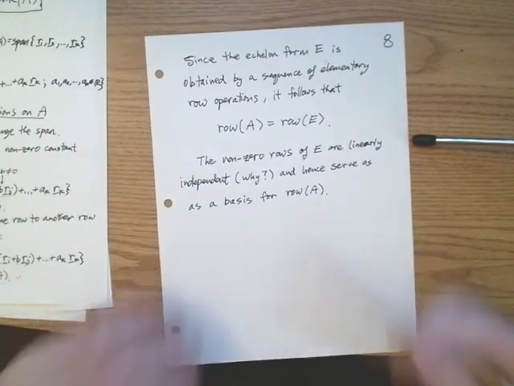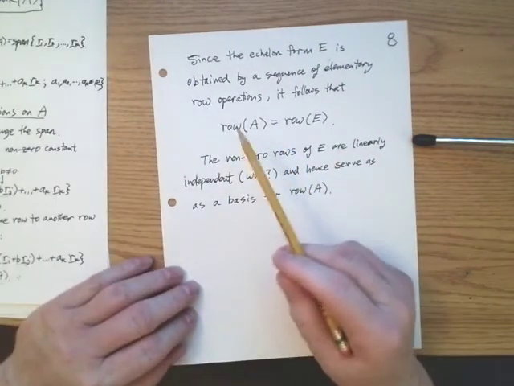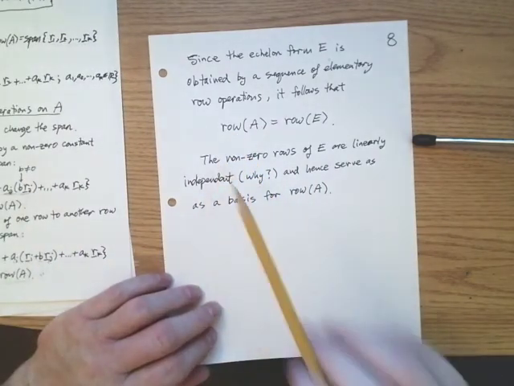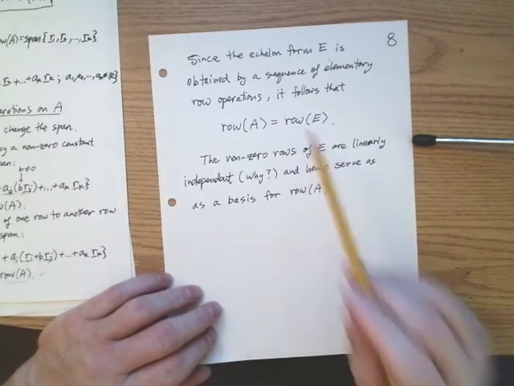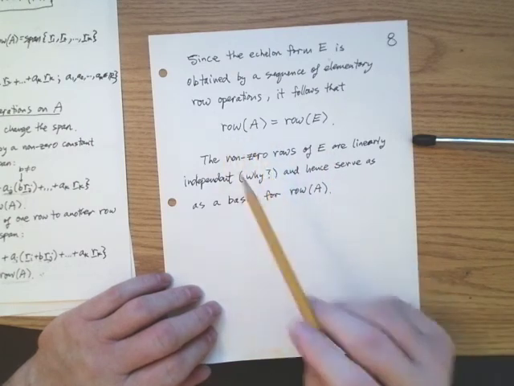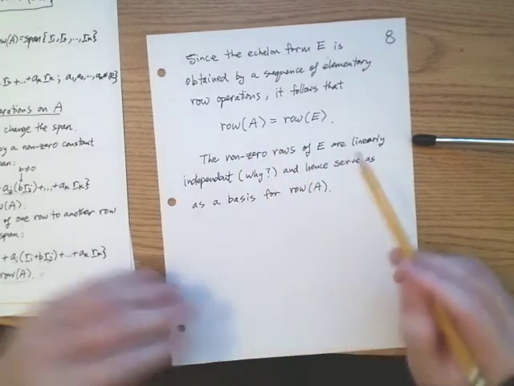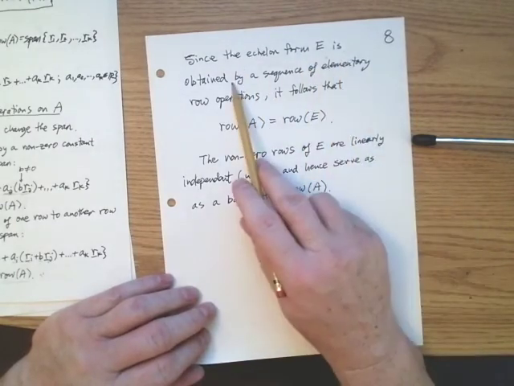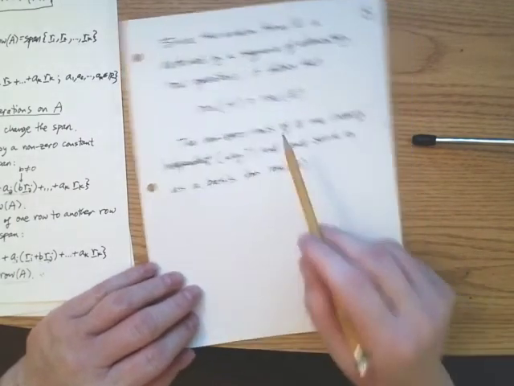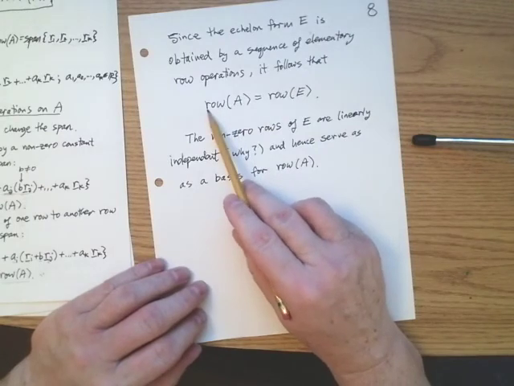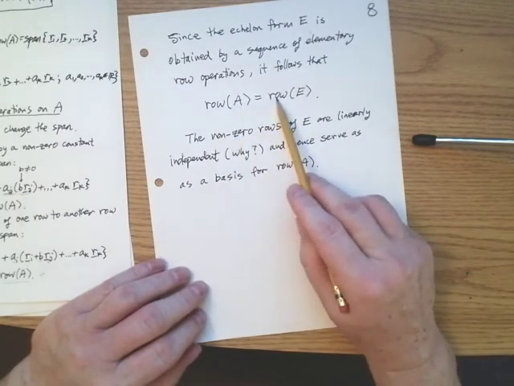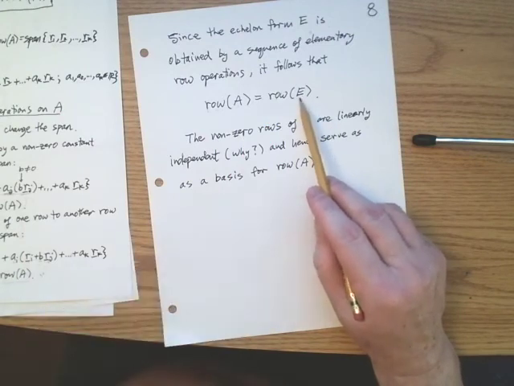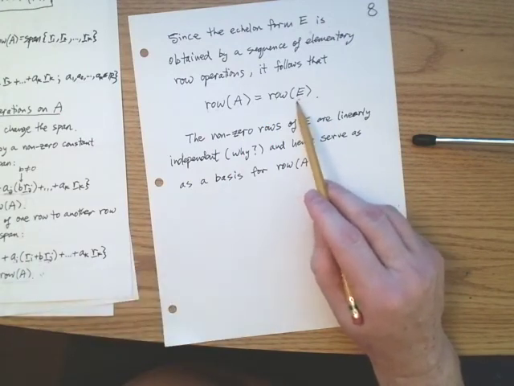So you can imagine, what if I'm starting out with a matrix A, and I continually apply elementary row operations, paying attention to what? The row space in each case. The row spaces are going to be equal all the way through. So when I get down to the echelon form, by a sequence of elementary row operations, we conclude that the row space of A is going to be the same as the row space of E. That could be R, the row reduced form, if you would rather, too.